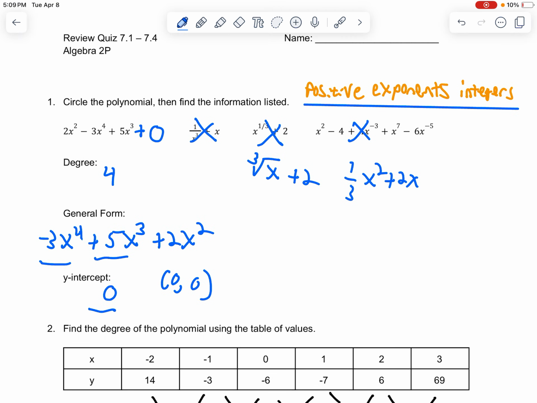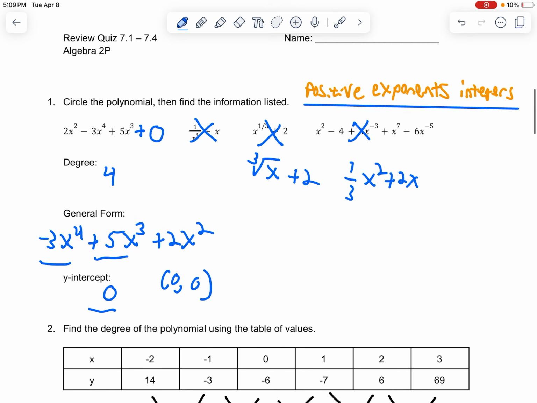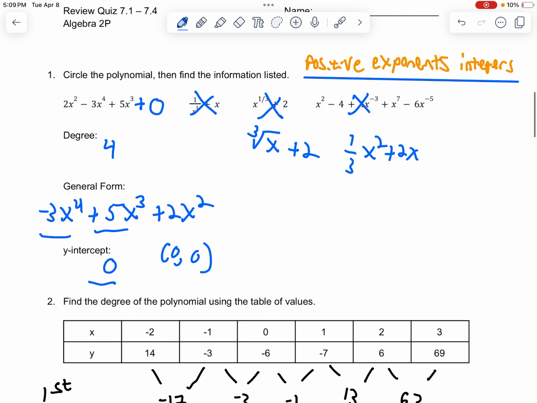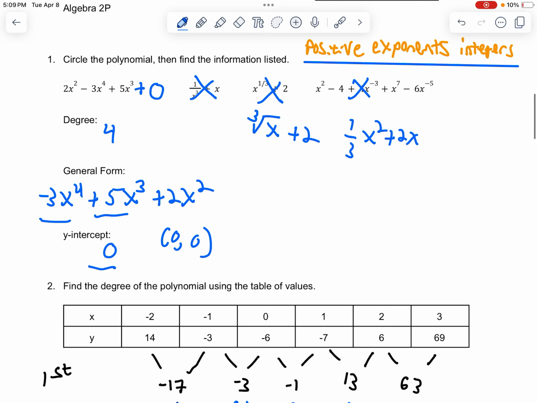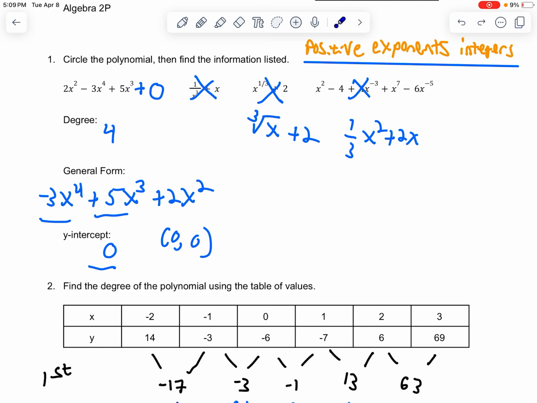All right, to find the degree of a polynomial from a given set of tables, you have to do a bunch of differences. So we begin with the first difference, which is just you take the number on the right minus the number on the left. So negative 3 minus 14 gives you negative 17.